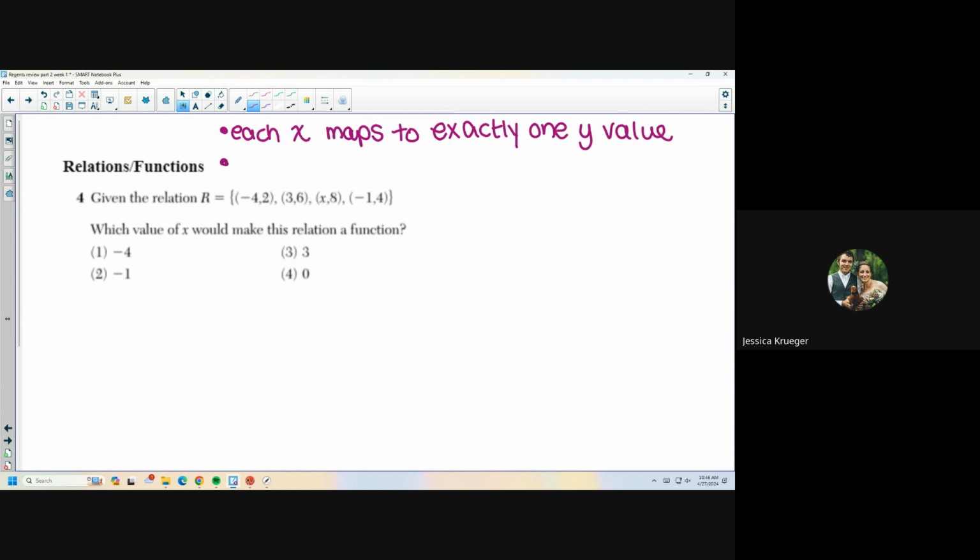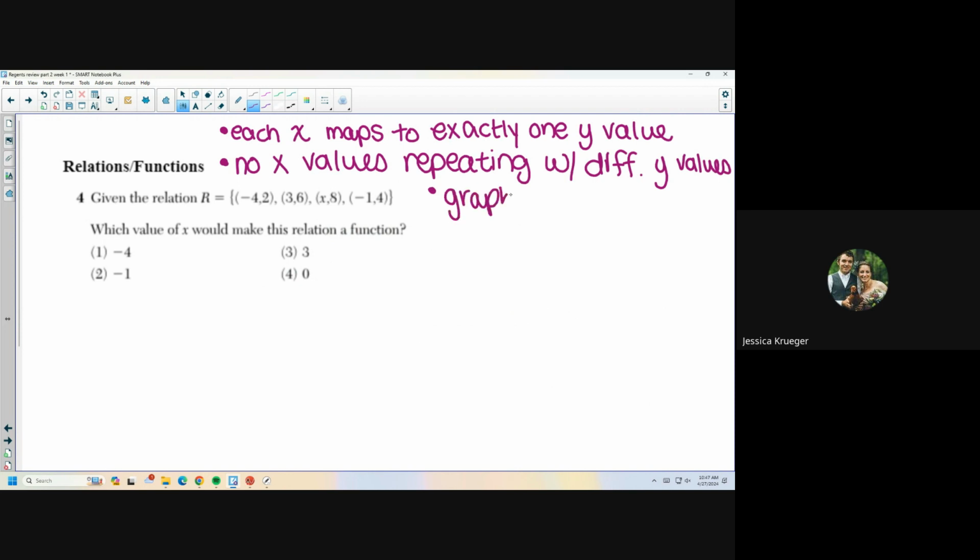A quick shortcut for checking it: there should be no x values repeating with different y values. And if you're looking at a graph, functions must pass the vertical line test.